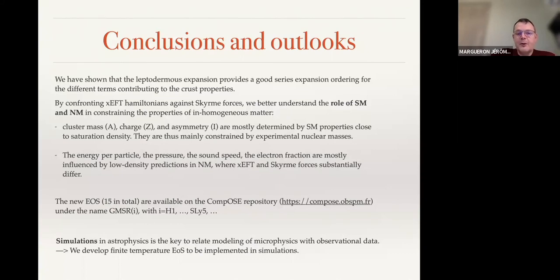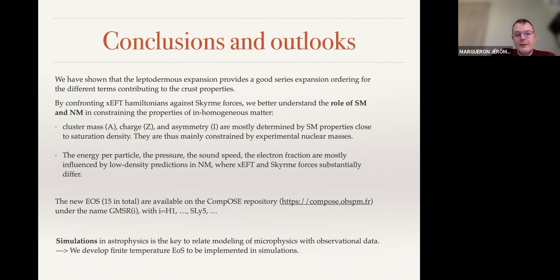The other is that by confronting Chiral-EFT Hamiltonians against Skyrme forces, we were able to underline the role of symmetric matter, or in other words, the experimental nuclear masses, and the neutron matter.